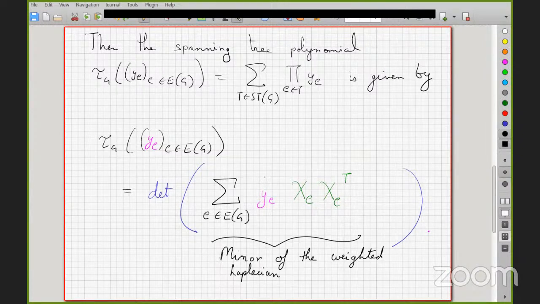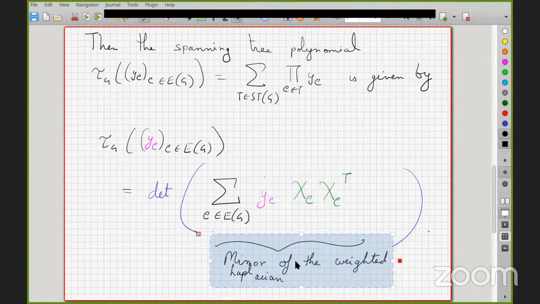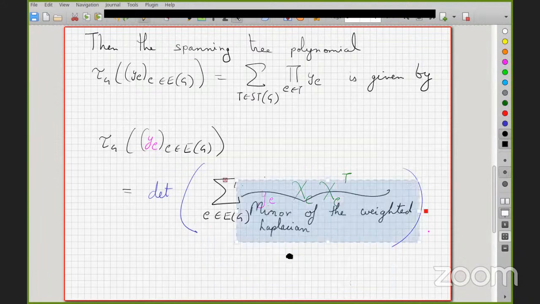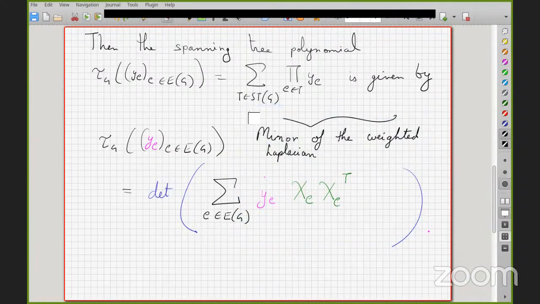Okay, so this is a minor of the weighted Laplacian. So what next?